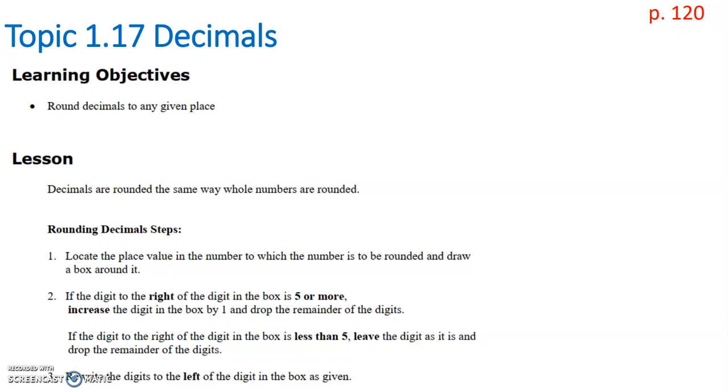If the digit to the right is a 4, 3, 2, 1, or 0, then we leave the digit as it is and still drop the remainder of the digits on the decimal side. If we have any digits to the left, they stay the same, just as we learned in whole numbers.